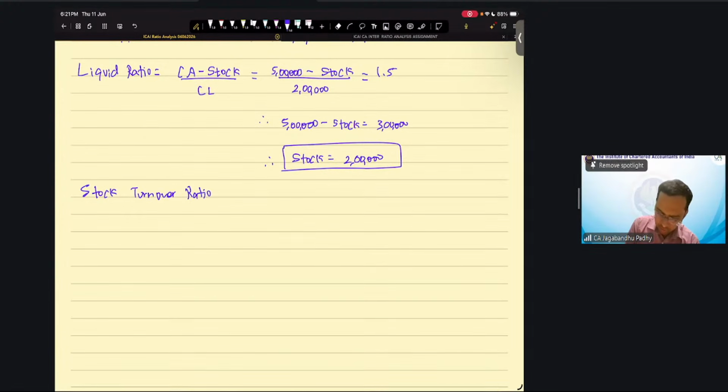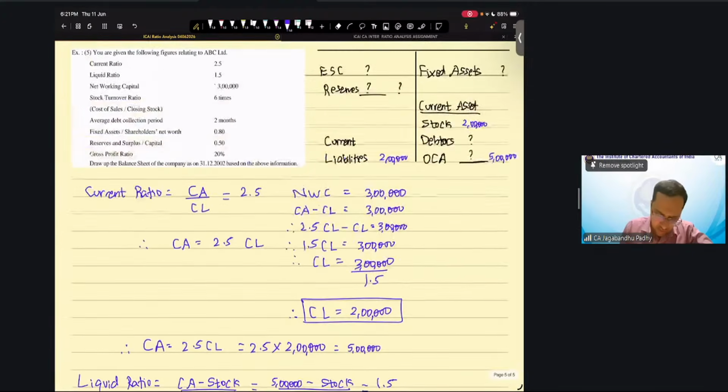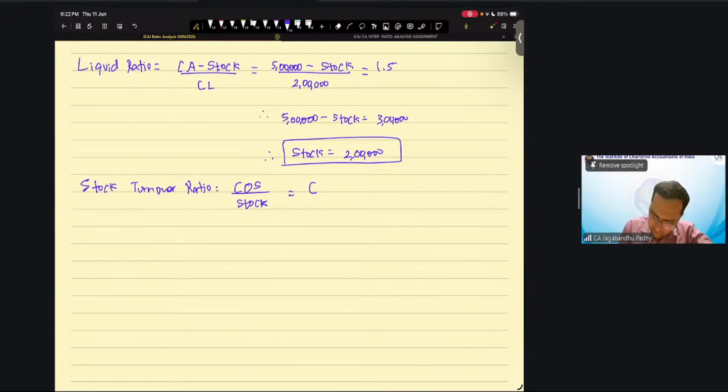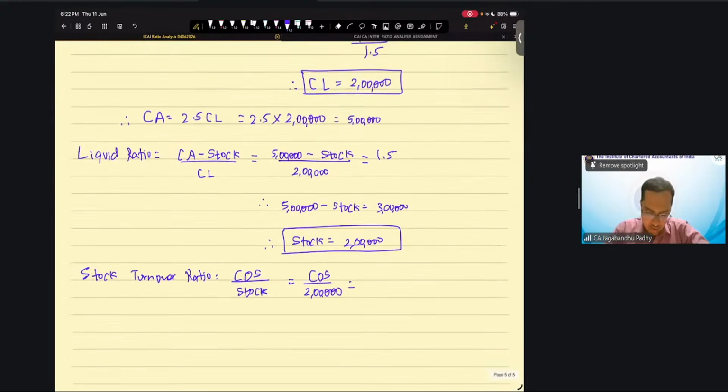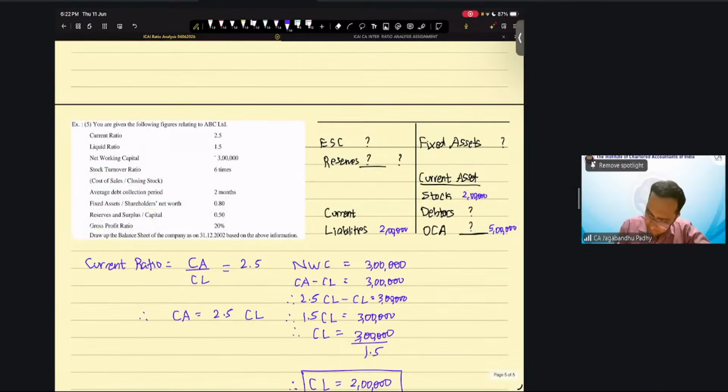Stock turnover ratio. So stock turnover ratio is cost of sales upon stock. Now we can take average or closing or whatever, but since we just have the one figure, which is the closing stock, we'll say here that cost of sales upon stock, which is 2 lakh, and this stock turnover is 6 times.